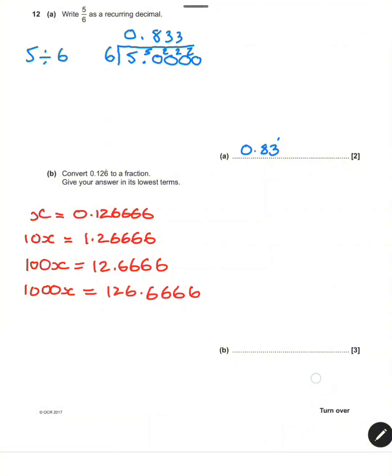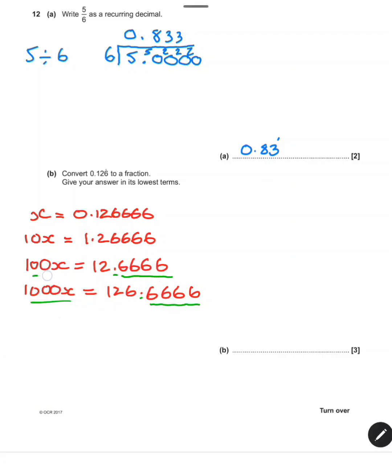Again, the digits just moving to the left. 126.6666. And what we're looking for is this pattern after the decimal point to match exactly. You can see we've just got 6s and 6s. If I picked any of these two, I wouldn't get a perfect match in what's after the decimal point.